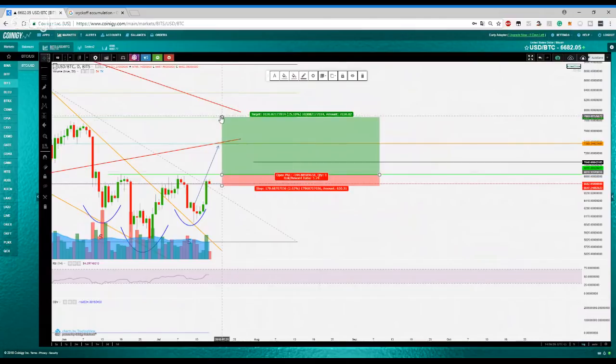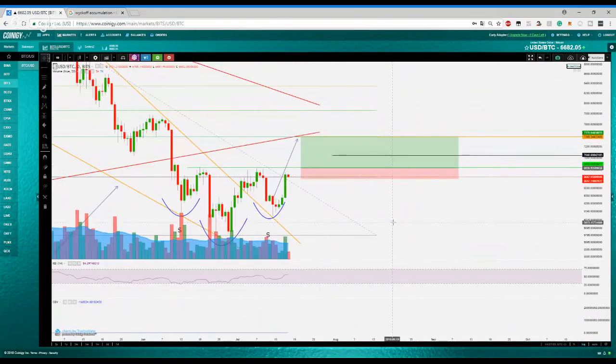And then you can put your target at 7,300, making this a better risk to reward ratio trade. But of course, also, this will have a little bit more risk of going wrong than just setting the target at 7,000 if we break out.